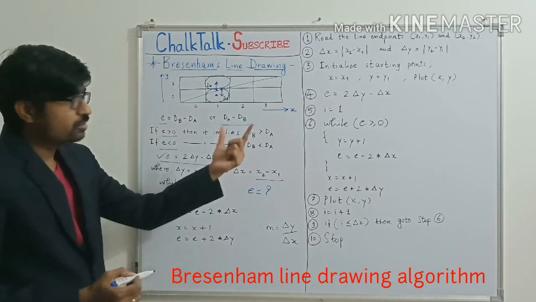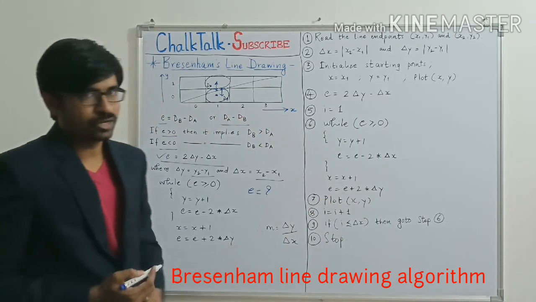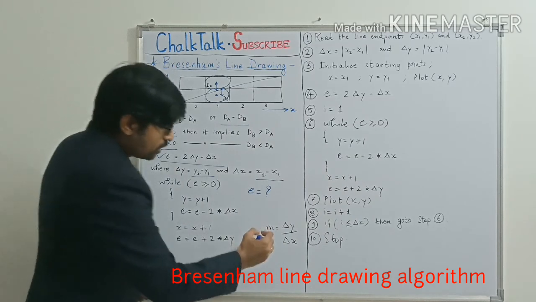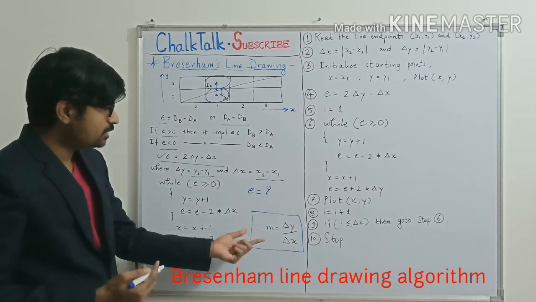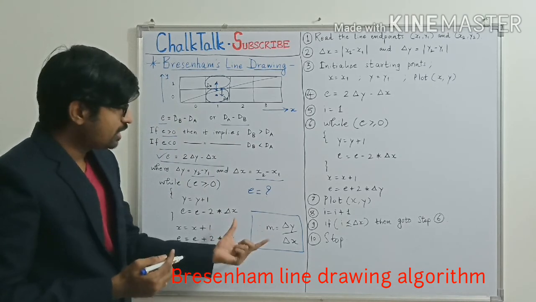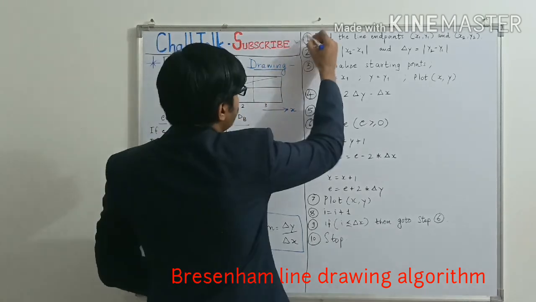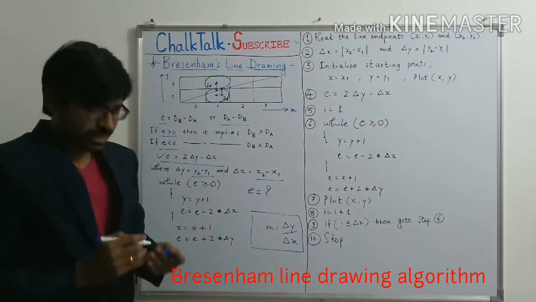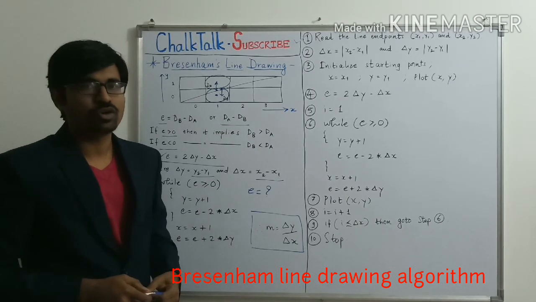Now we will work on the algorithmic steps, and this same thing is embedded into the algorithm. Considering the slope of the line, m is equal to del y upon del x, and this particular algorithm works for slope less than 1. So considering this algorithm only for slope less than 1, I will explain step by step. The first step is to take the input from the user, which will be the x1 y1 and x2 y2 coordinate values.